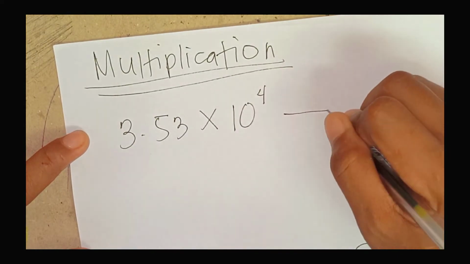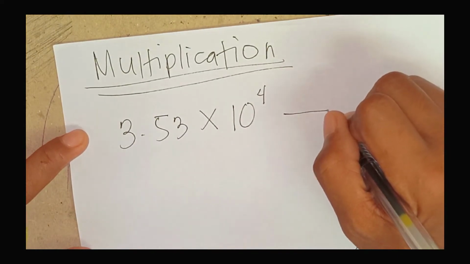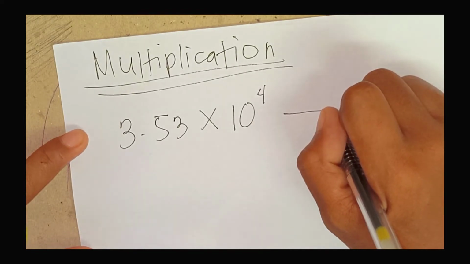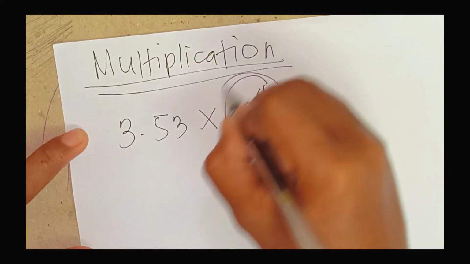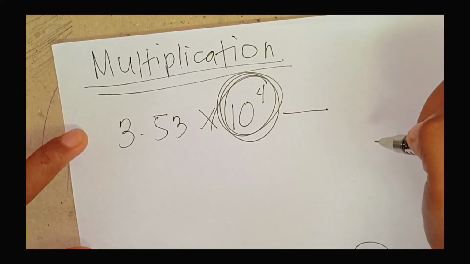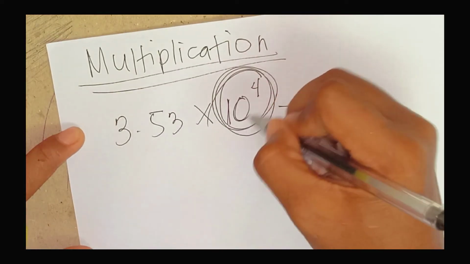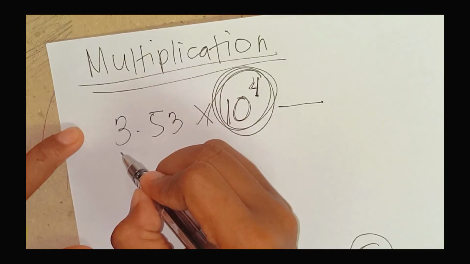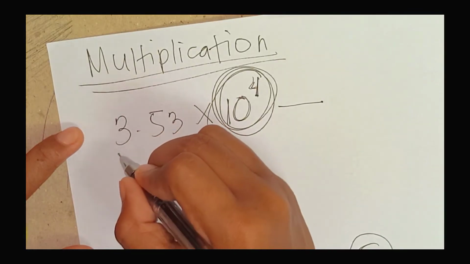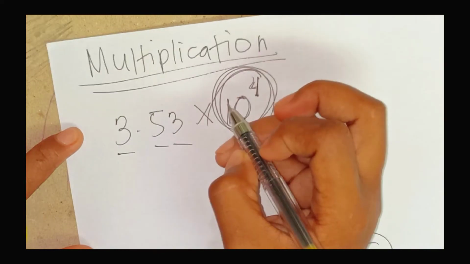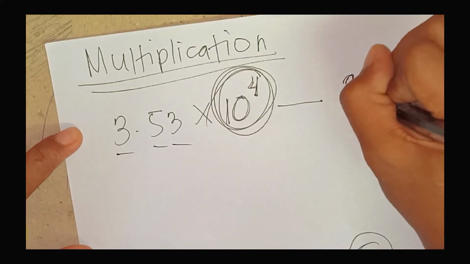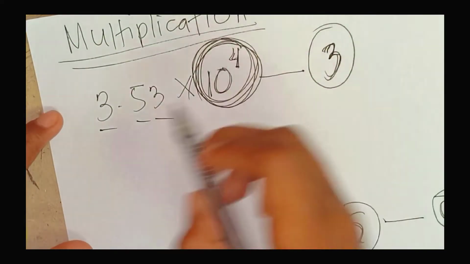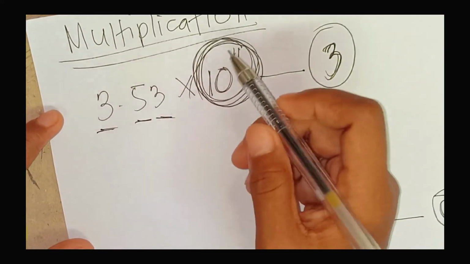How many significant figures are in this number? For a number expressed in scientific notation, you can ignore the multiplier, the 10 to the power of 4. Simply count the non-zero numbers here: 1, 2, 3. We have 3 significant figures. You can ignore this multiplier and count the non-zero numbers.